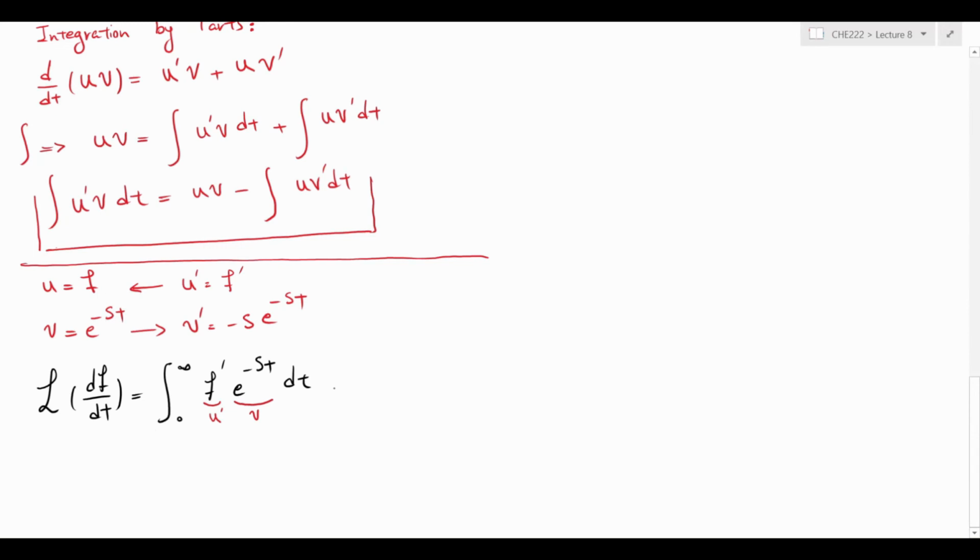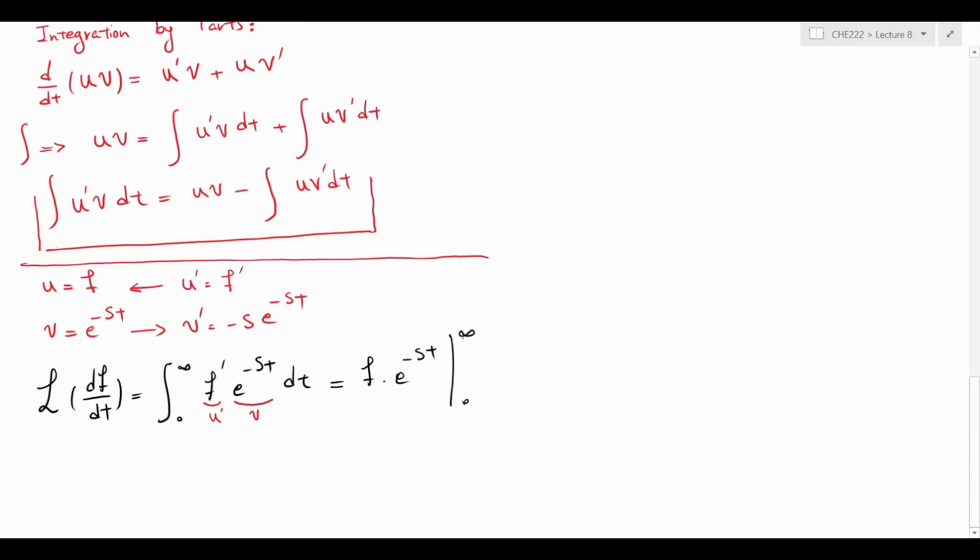So in accordance with integration by parts, this is equal to u times v, which is f times e to the power of minus st, and I have to evaluate it from 0 to infinity.